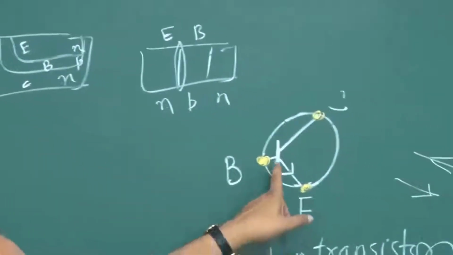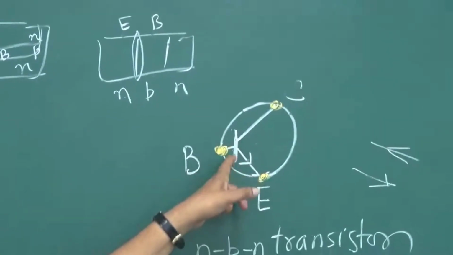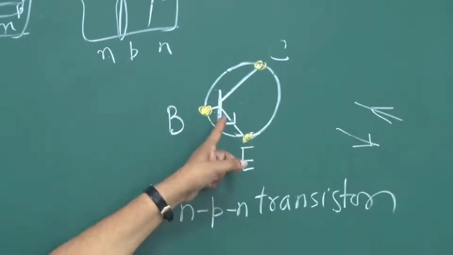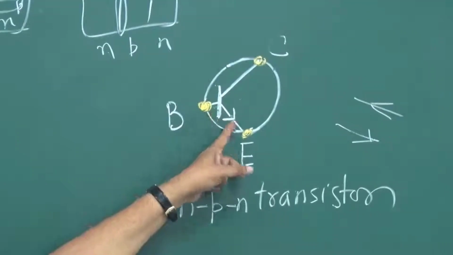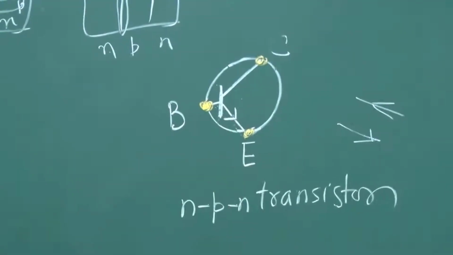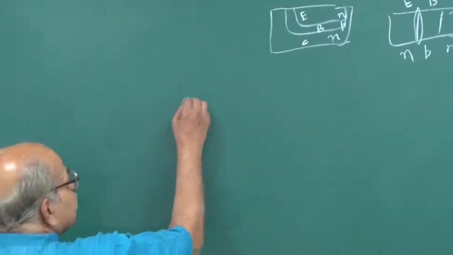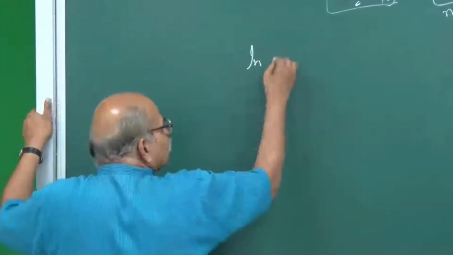In this diagram, this line is for base, and this line is for emitter. So this junction between base and emitter, this PN junction. This is a very important result, and you should always remember this in normal operations.